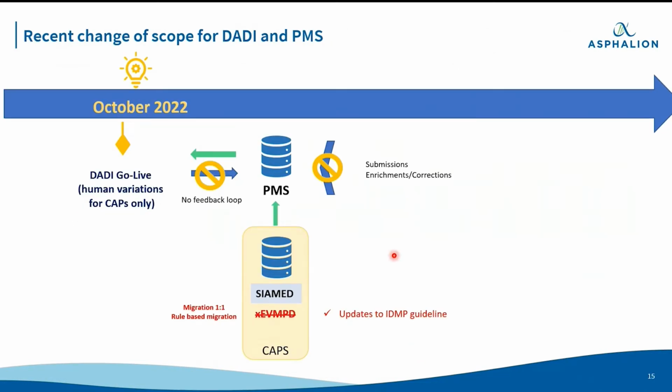Now, something that changed on the scope is that the data in PMS will no longer come from XVMPD and CMED, as was expected before, but it will only come from CMED for the CAPs, so for the centrally authorized products.